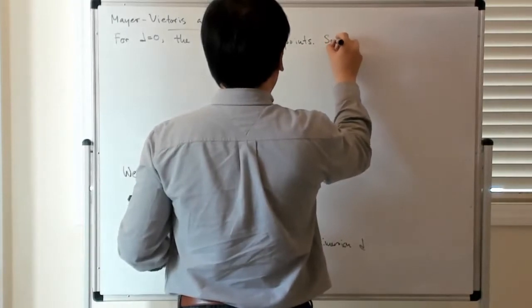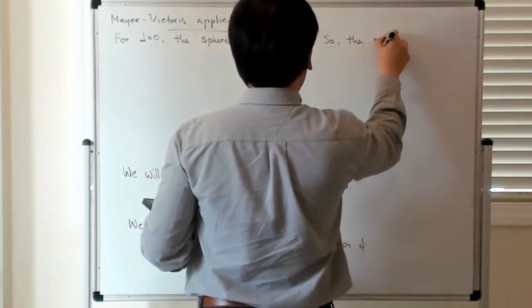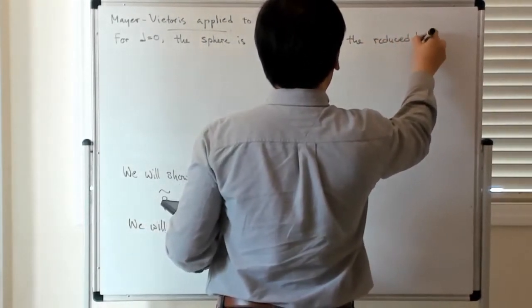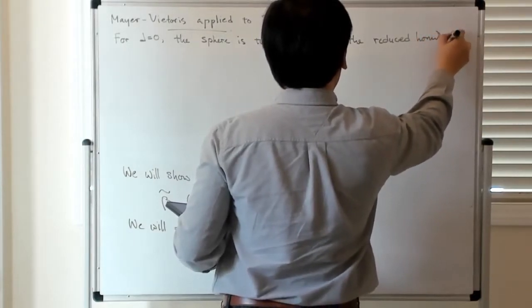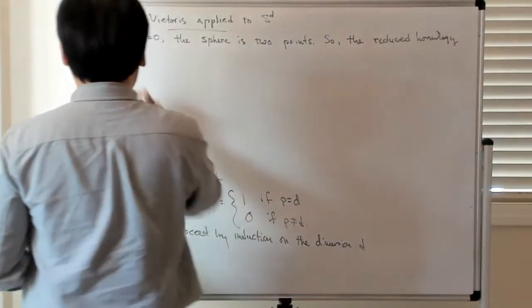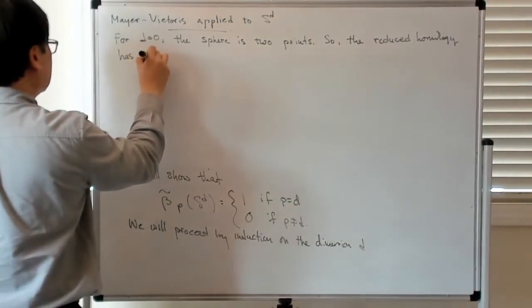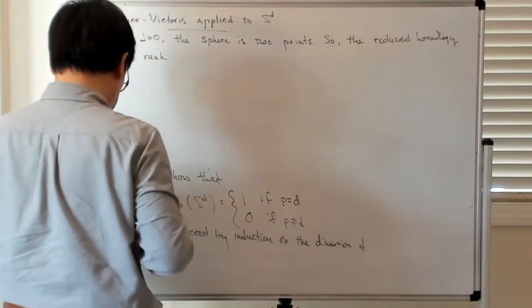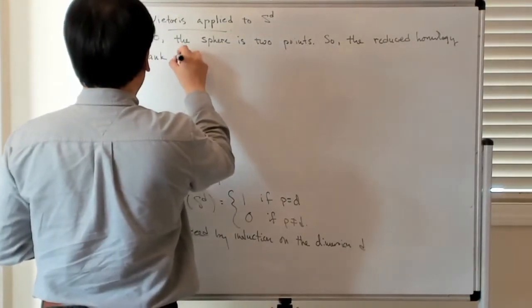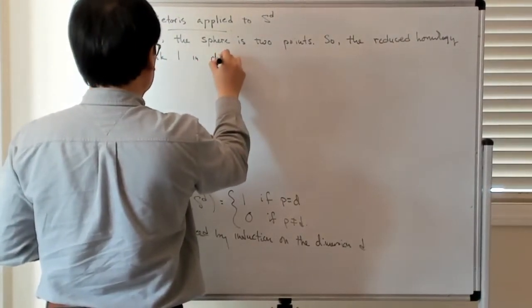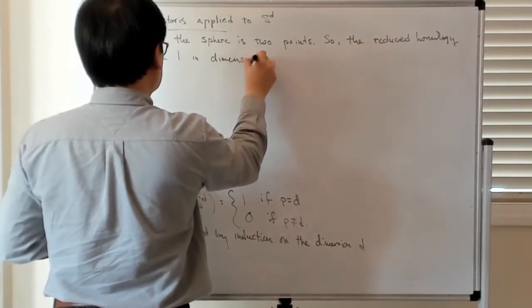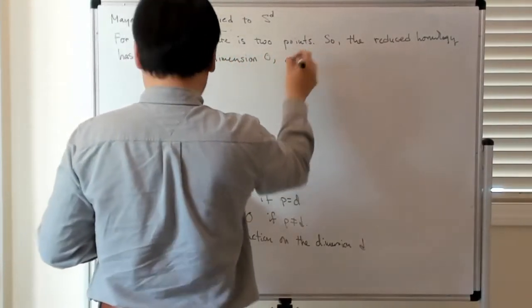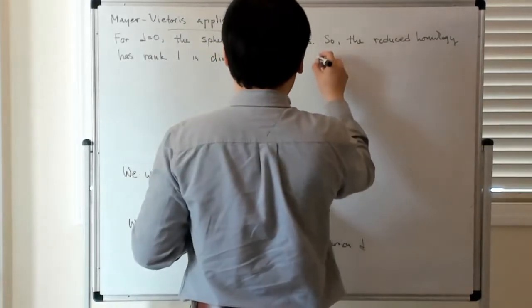So the reduced homology has rank 1 in dimension 0 and rank 0 otherwise.